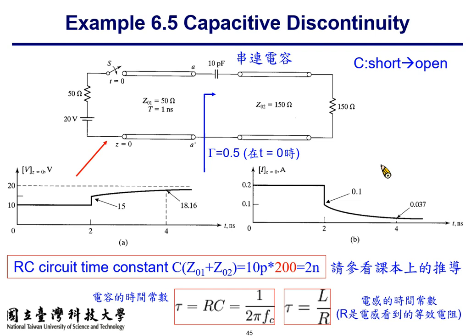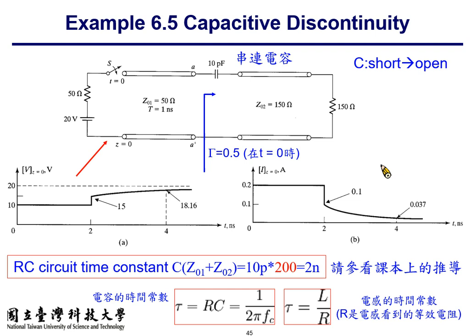Okay, let me rephrase my question. What is the impedance viewed by the capacitor? So if you are in the capacitor, you look to the right, you see what?